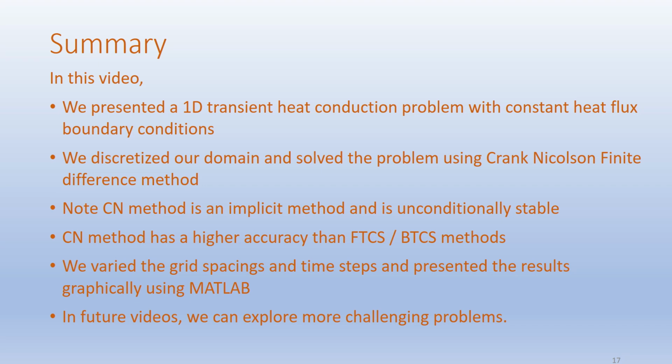We discretized our domain and solved the problem using the Crank-Nicolson finite difference method. Note that the Crank-Nicolson method is an implicit method and is unconditionally stable. Also, the Crank-Nicolson method has a higher accuracy than the FTCS and BTCS methods. We varied the grid spacings and time steps and presented the results graphically using MATLAB.